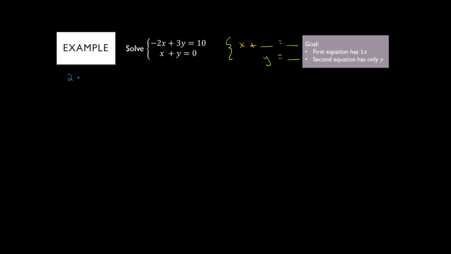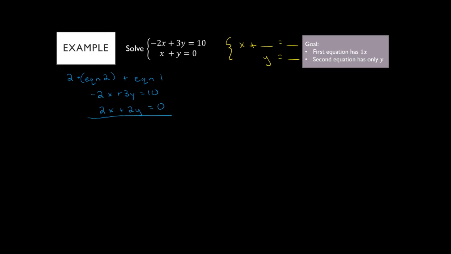So I'll write down 2 times equation 2. And then I am basically adding that to equation 1. So equation 1 is staying the same. We have negative 2x plus 3y equals 10. And then I multiply that second equation by 2, and that gives me 2x plus 2y equals 0.